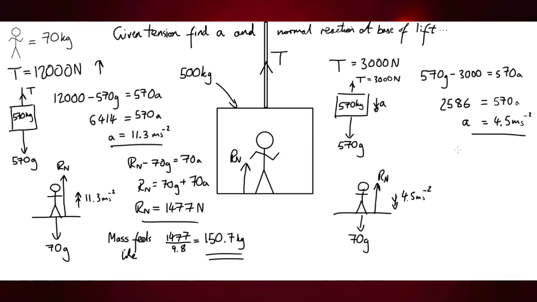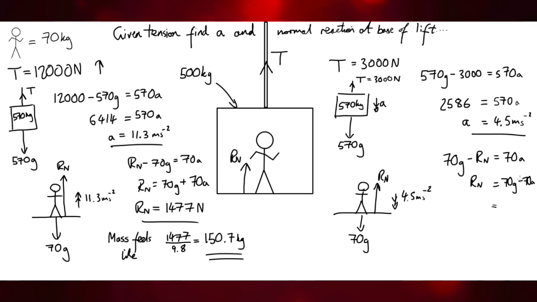In this case we're going downwards, so it's 70 g subtract Rn equals 70 a. So our Rn is going to be 70 g subtract this acceleration downwards.